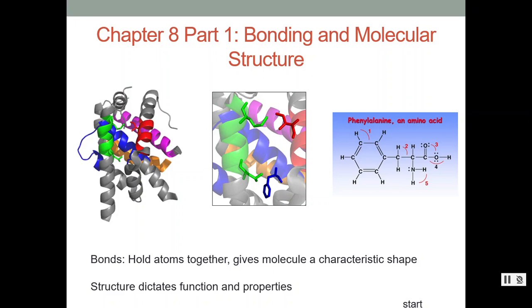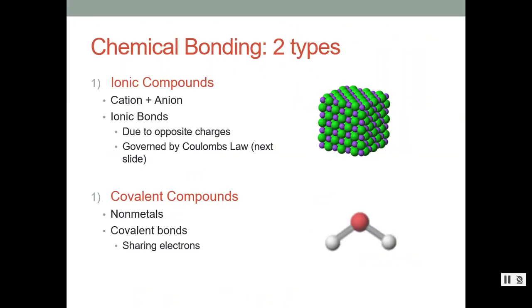So before we go any further, let's review a little bit the two types of chemical bonding we have investigated so far. In ionic compounds, those species involve metals and nonmetals, and those bonds are due to differences in charges. The cation has completely donated an electron to the nonmetal, hence making it an anion.